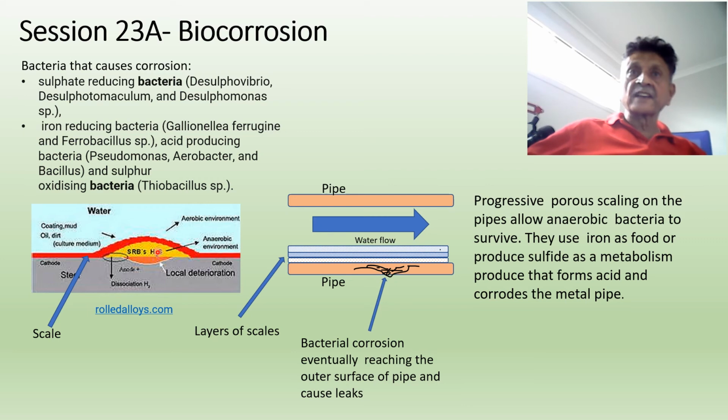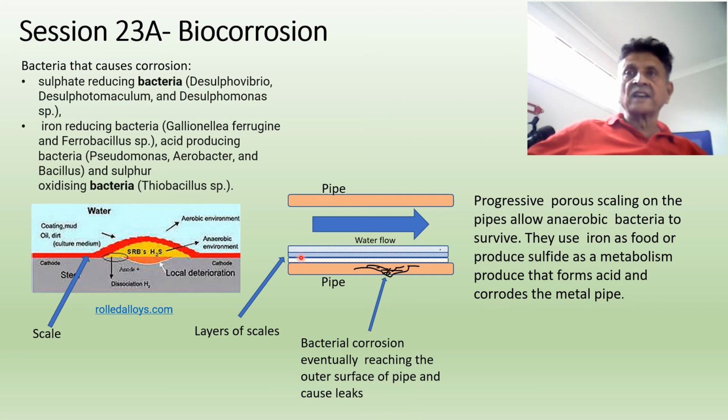Hydrogen sulfide then reacts to form sulfuric acid. The same thing occurs if it is a sulfate-reducing bacteria. As the water flows and the corrosion continues, eventually it reaches the outside of the pipe, and because of the pressure, it will start leaking.